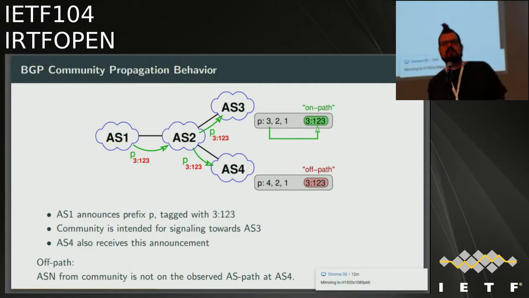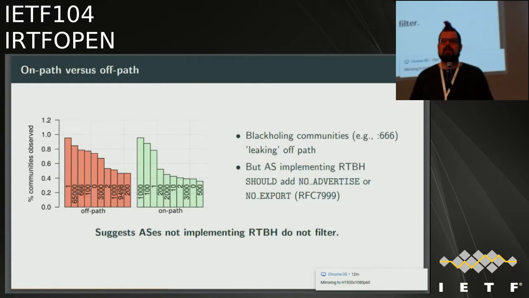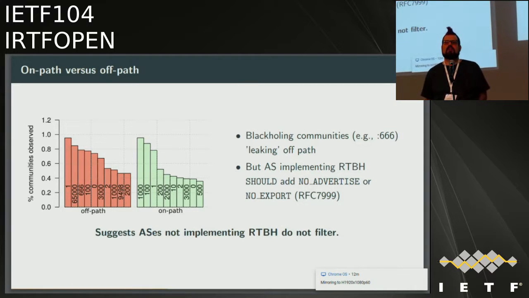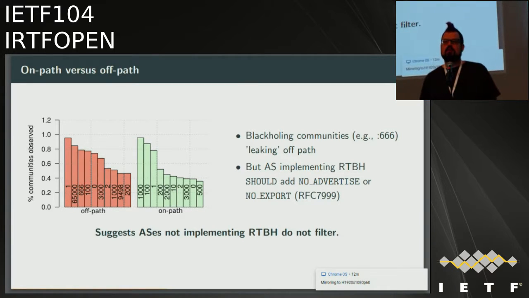And if we now take the right part of these community values, separate them by on path and off path and plot this, we end up with this distribution. On the left side, you see quite a number of community values in the off-path communities that are related to blackholing, remote triggered blackholing. And on the right-hand side, you see very even numbers that look like provider or operator assigned and easy to remember.